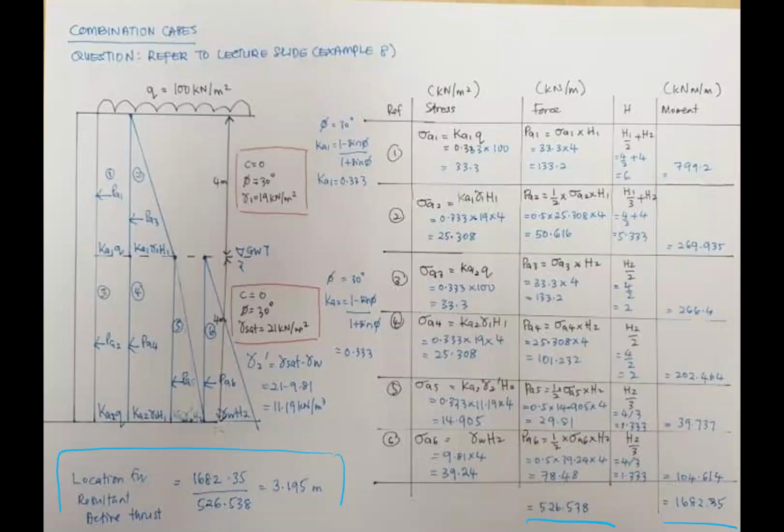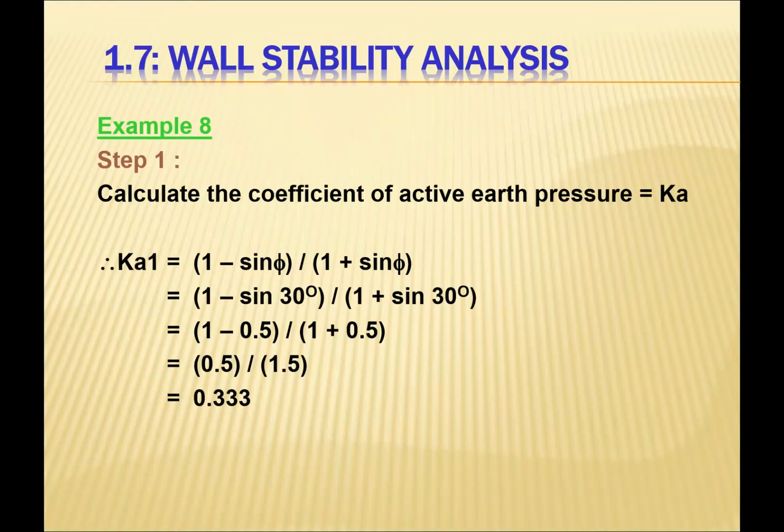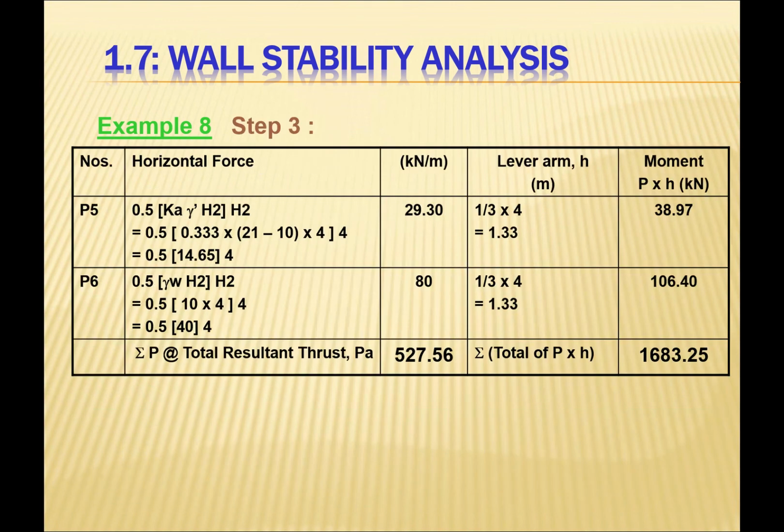So redo this one and then find the answer, and of course you can check using the slide. This is how they calculate, they show you the calculation, and then you must redraw.